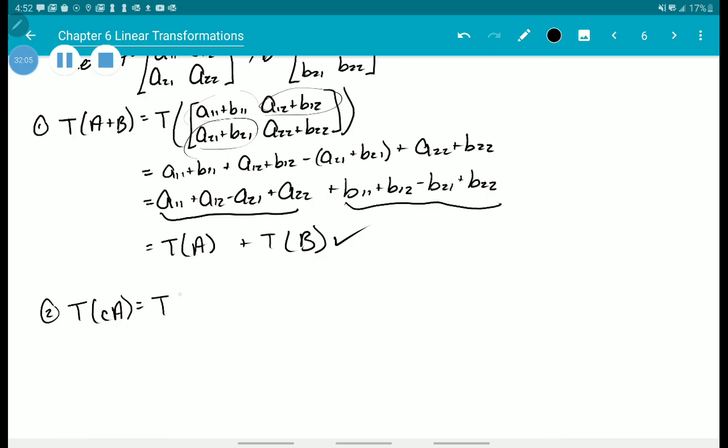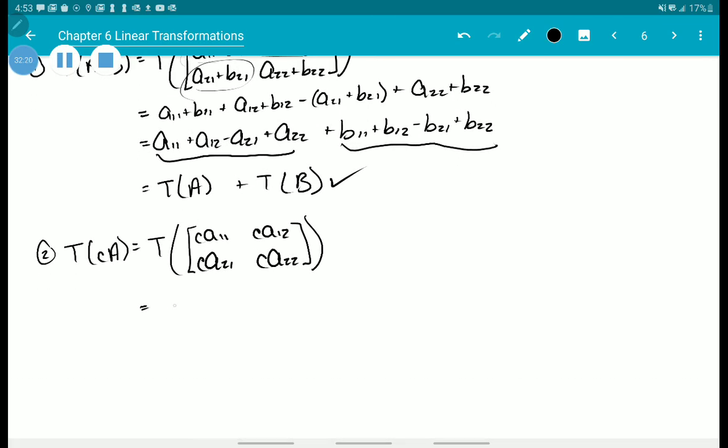So we need to apply the transformation to CA11, CA12, CA21, CA22. So the transformation says first plus second minus third plus fourth.